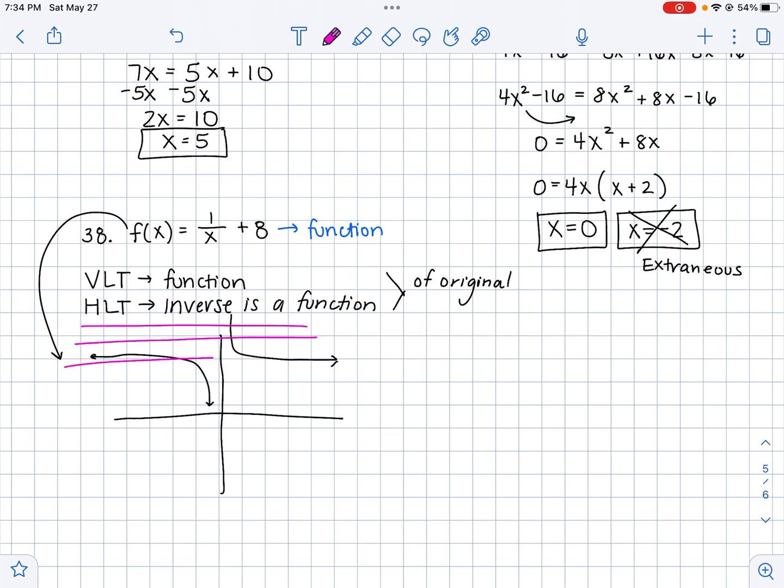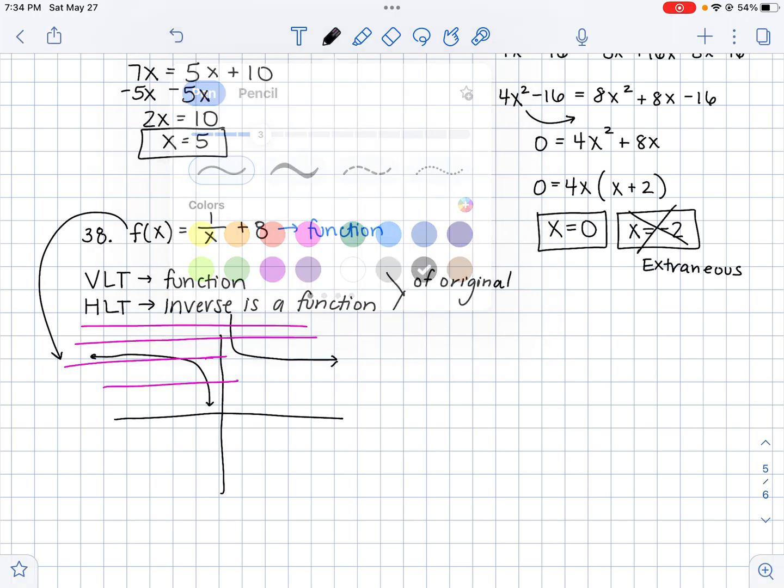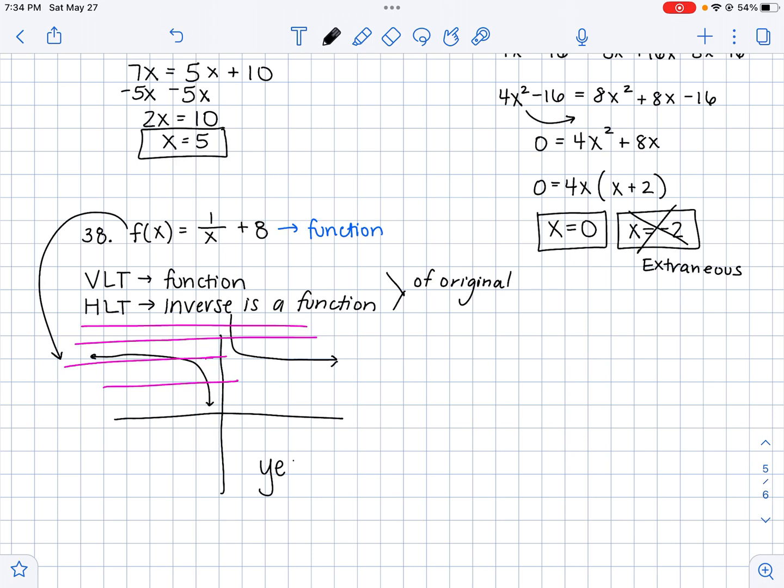If it passes the horizontal line test, you guys, I drew this pretty badly because it does pass. So my sketch is pretty horrible. But pretend that this doesn't cross multiple times. If you look at your calculator, you'll notice what I'm talking about. This passes the horizontal line test.